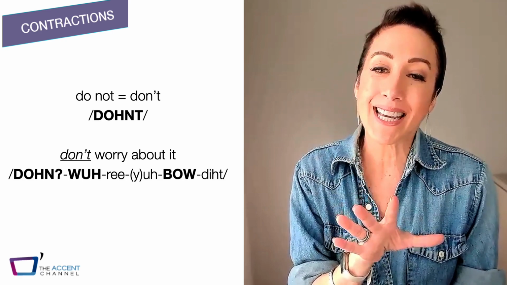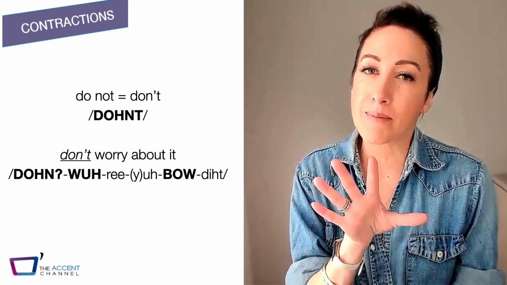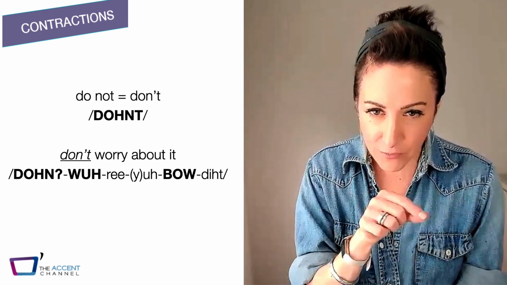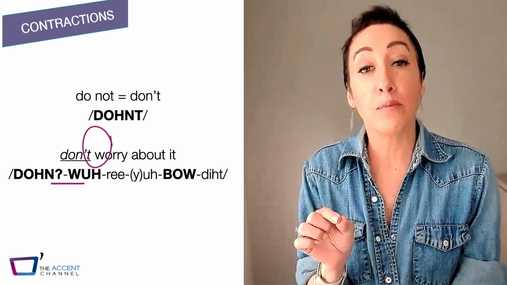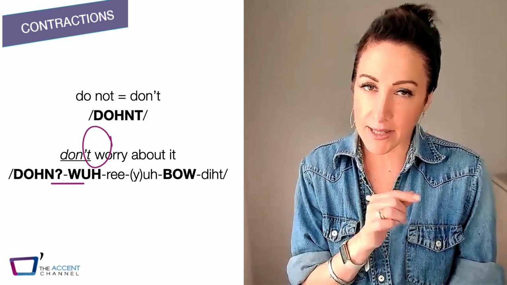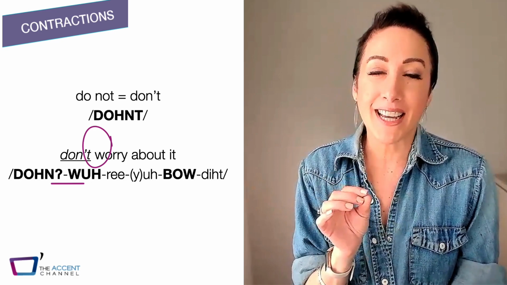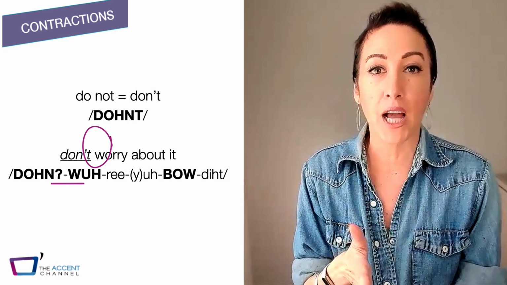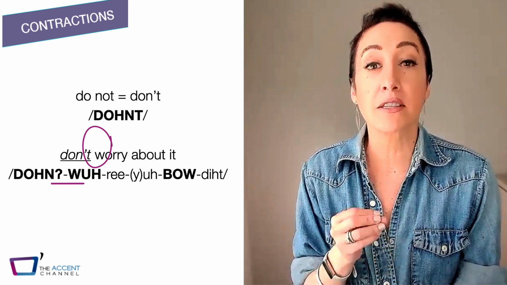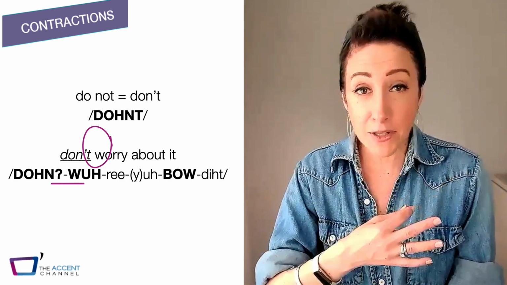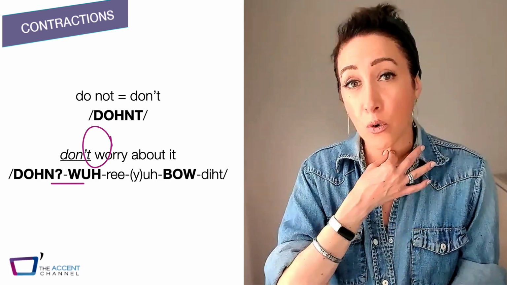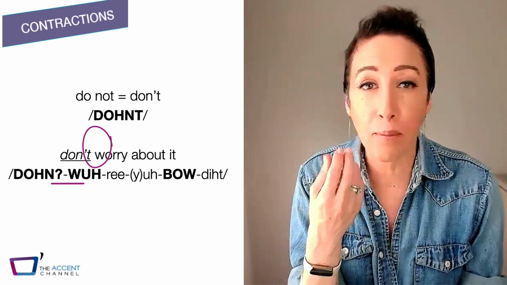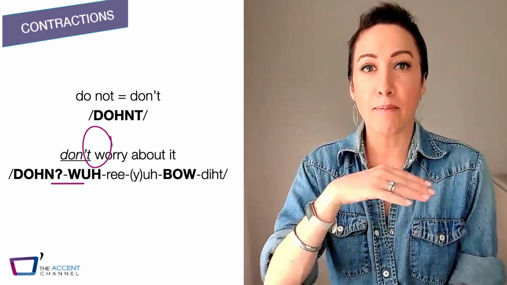What happens with the T will depend on what comes after the word don't. So that can change. But in our practice phrase here, the T is followed by a consonant. And in the American accent, at least, when T is at the end of the word, and the next word begins with a consonant, we're going to use what is called a stopped T. So we leave space for the T by closing off our vocal cords, but we don't make a sound for the T. So we don't pop out the T, we stop it before it pops out.